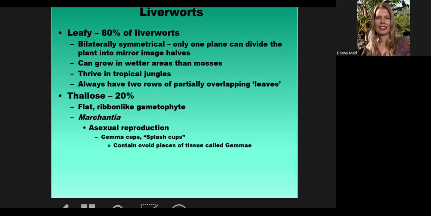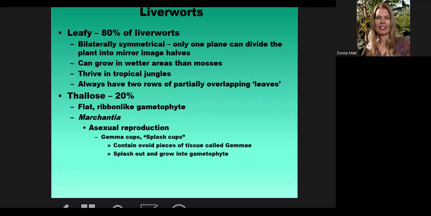You probably will look at this in lab too on Thursday, where they have these so-called splash cups. They're cute little cups that hold tiny pieces of tissue called gemmae, and that's how they reproduce asexually. These little bits of tissue get splashed out of the cups. That's their version of cloning themselves and spreading.